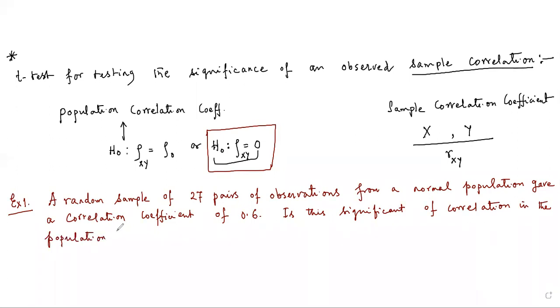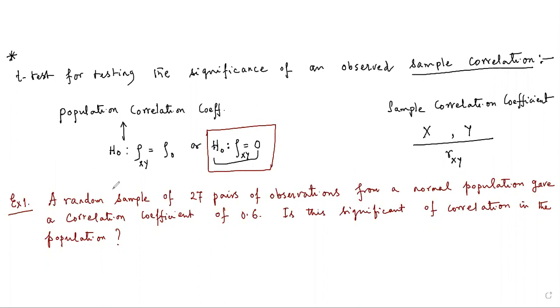First of all, let us try to deal with this particular example. You may think that if the population random variables are correlated, obviously there must be some sample correlation coefficient. I mean, if the population random variables are correlated, the sample will also show correlation.